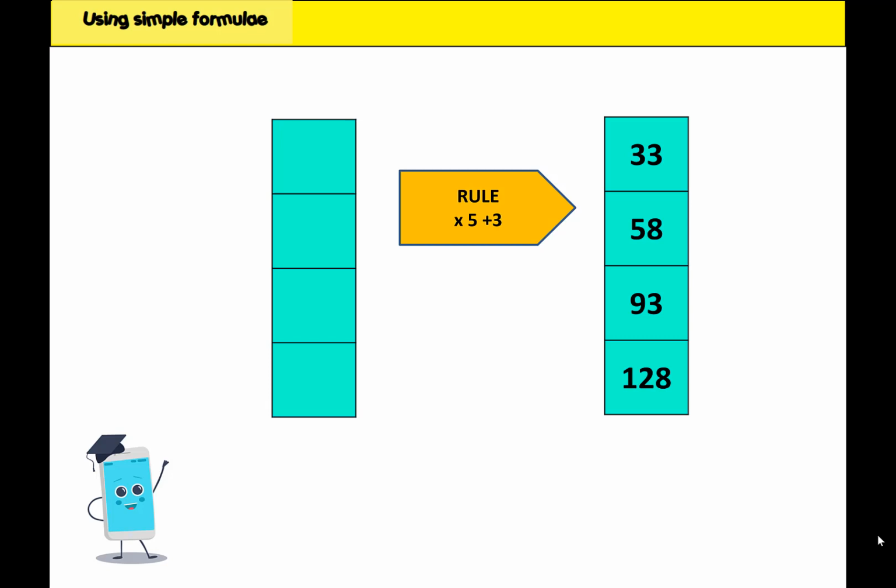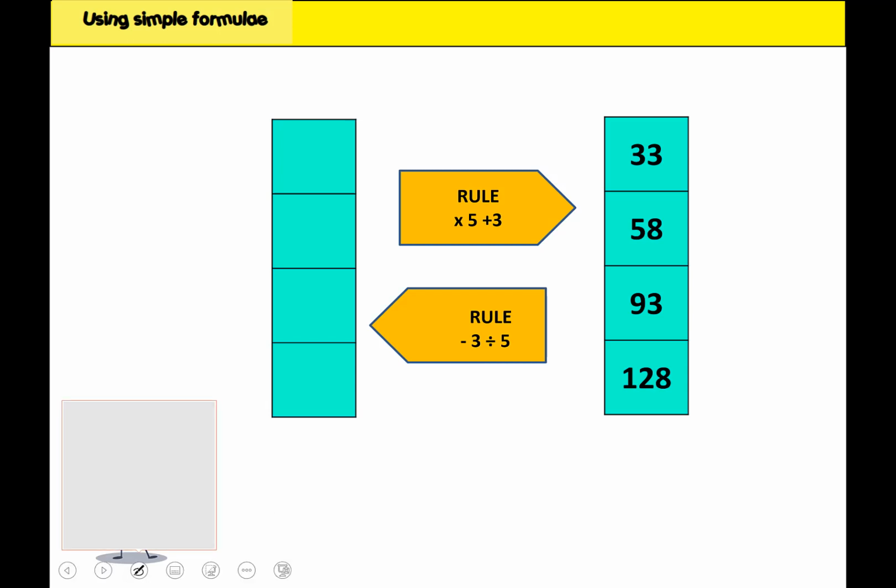And then once we've got that value, we need to undo the multiply by 5. The inverse of multiply by 5 is divide by 5. So if we write it out as a new rule, we want to subtract 3, then we want to divide by 5.